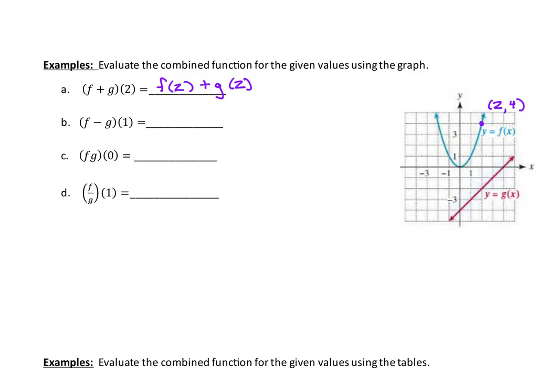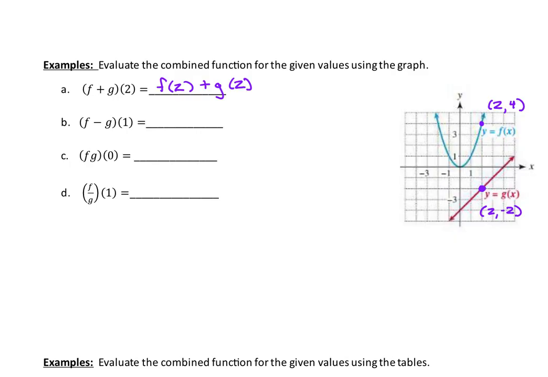And on our g graph, when we plug in 2, we are looking at the point 2, negative 2. So remember that the x is the number that we are plugging into the function, that's the 2.